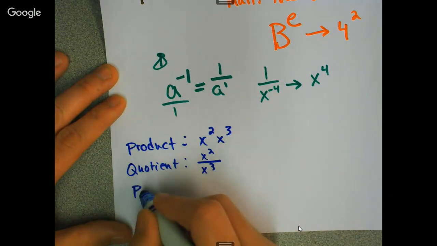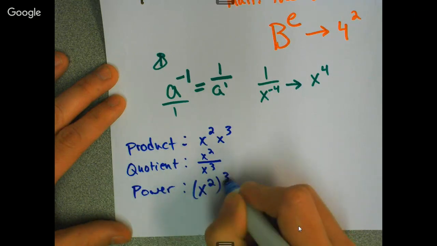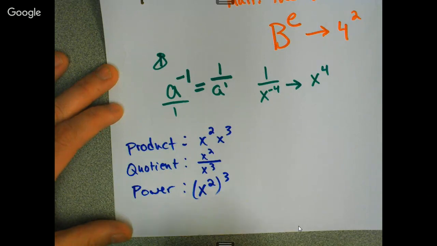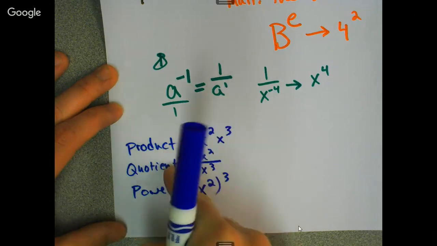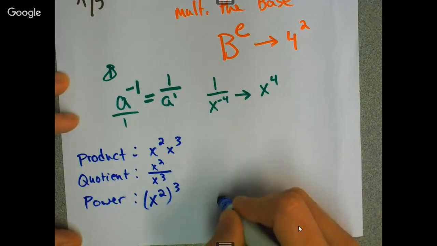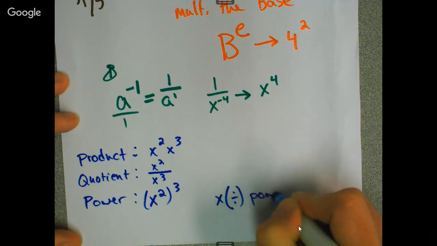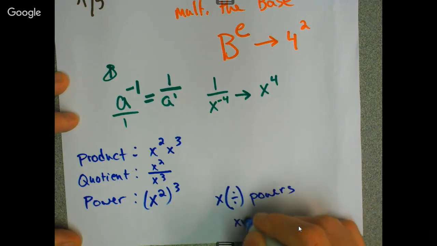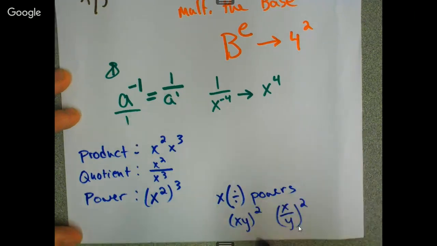Power property. That's like x squared to the third. I call it a power to a power. And then we have product and quotient powers. So I'll put that over here. So we have product, so multiply and divide powers. That's like xy squared or x over y squared to the third or to the fourth.